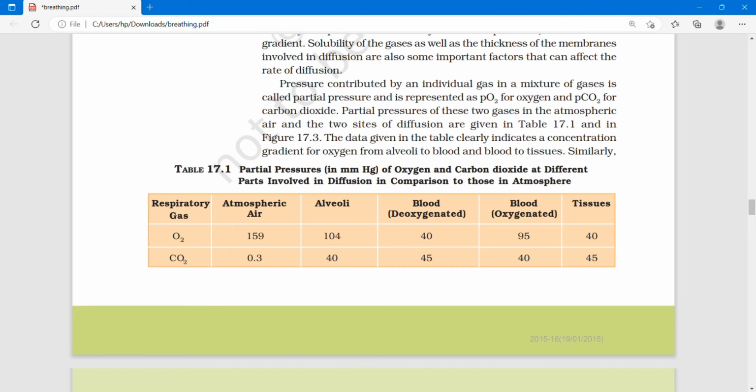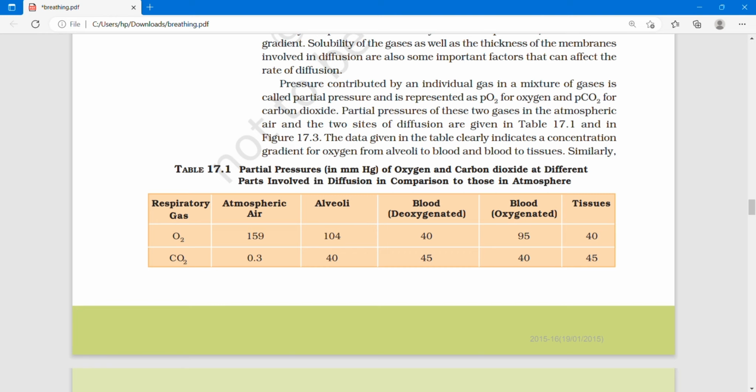Respiratory gases, that is O2 and CO2, in atmospheric air: O2 is 159 and CO2 is 0.3. In alveoli, O2 is 104 and CO2 is 40. In deoxygenated blood, O2 is 40 and CO2 is 45.